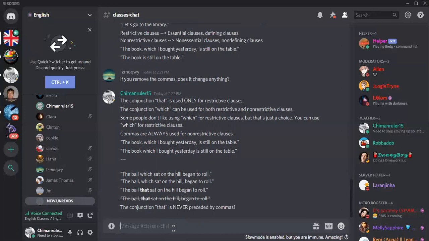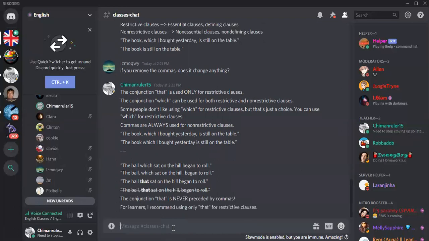So if you're a learner, let me type this. For learners, I recommend using only that for restrictive clauses, at least until you feel more comfortable knowing the difference between the two.